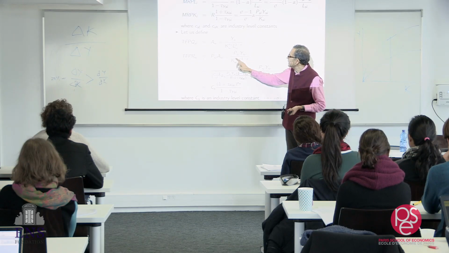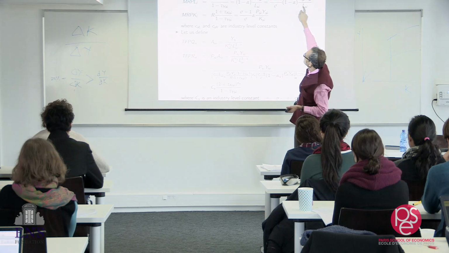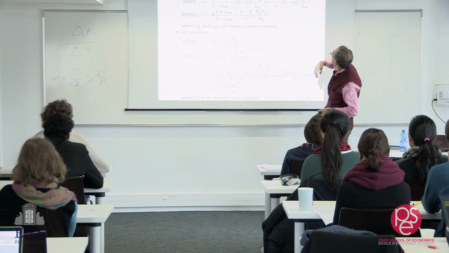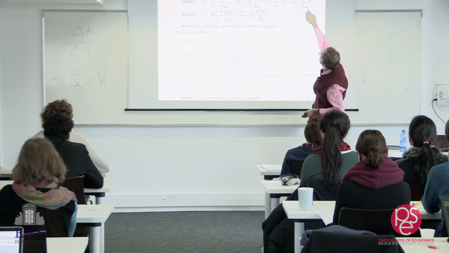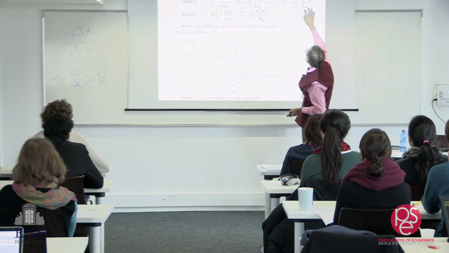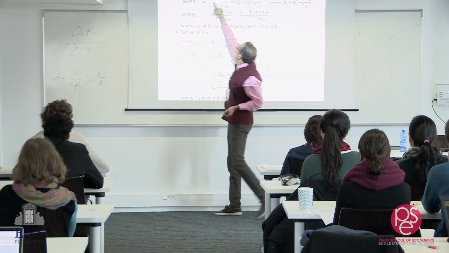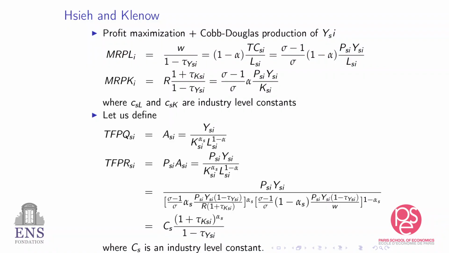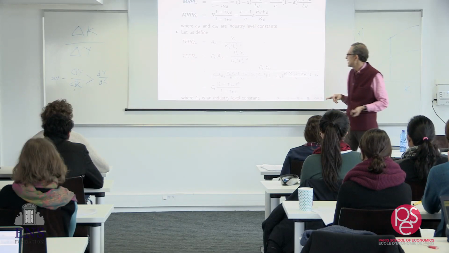But then I can take K, I can invert this equation, and I can write this. Remember, this is a function of L, and I can write this as a function of this thing. I could invert this equation and write L as a function of that. I can invert this equation and write K as a function of that. Plug it in here.